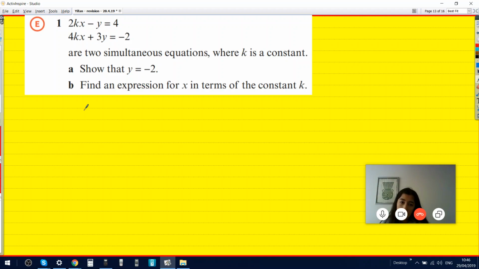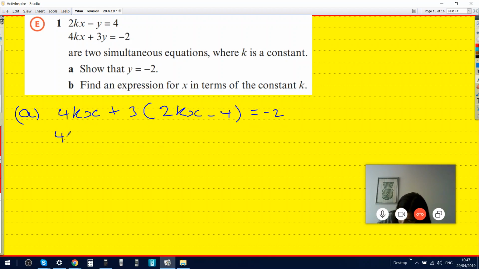So 2kx minus 4 equals y. Then you put that into the other one. So 4kx plus 3 times (2kx minus 4) equals minus 2. 4kx plus 6kx minus 12 equals minus 2. 10kx minus 12 equals minus 2.